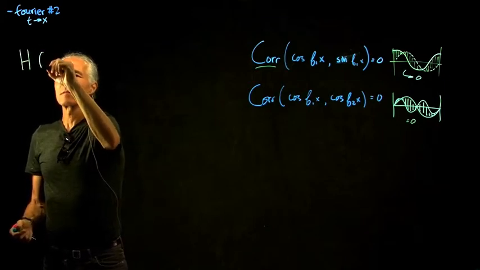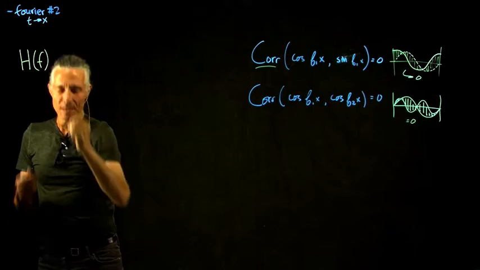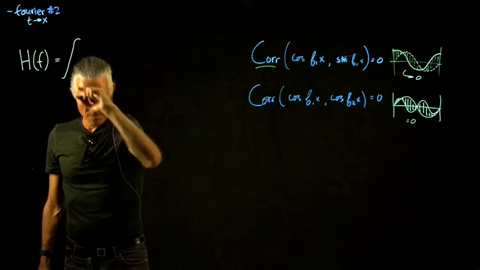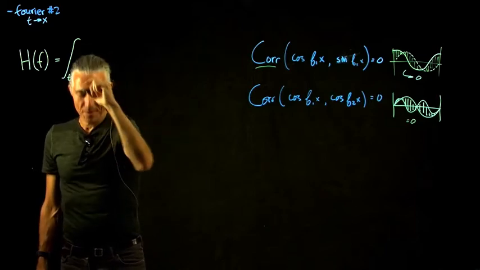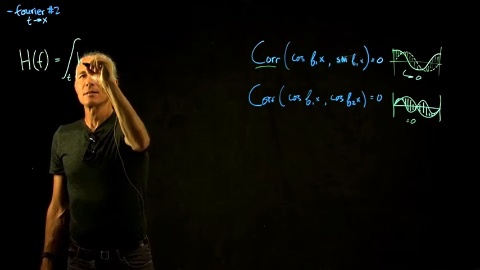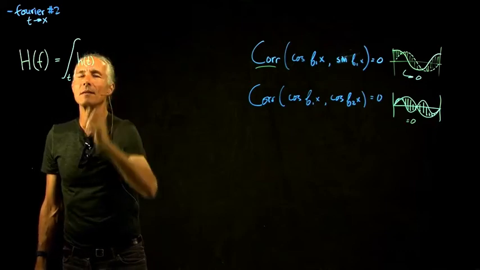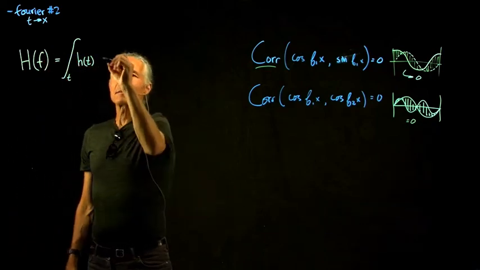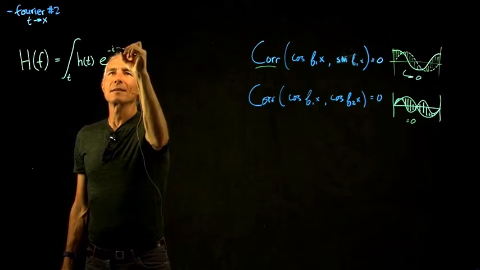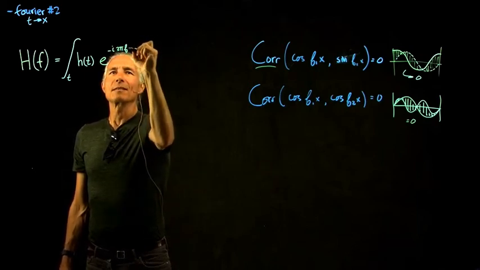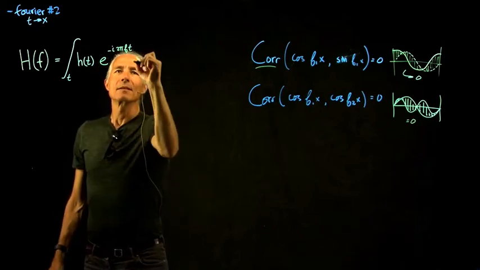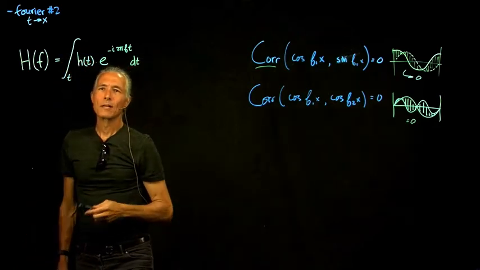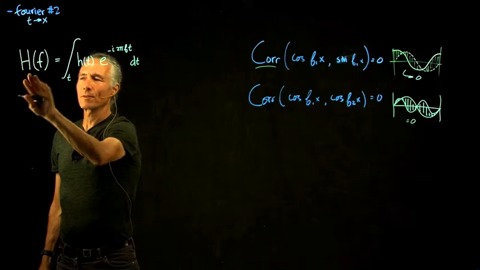The Fourier transform at a particular frequency is just equal to the sum over all time of the non-Fourier transform signal at a particular time point. So there's t here and f here, times e to the minus i 2 pi frequency times time, summed over all little fragments of time. So that was the original. Here's our time signal, and we turned that into a frequency signal, with the same number of numbers in it.